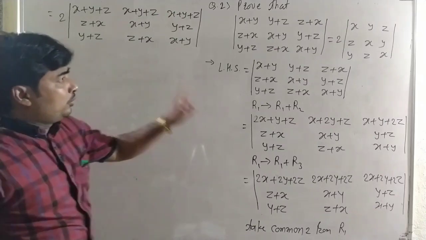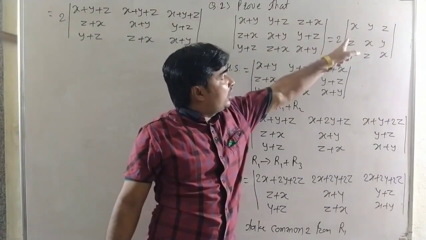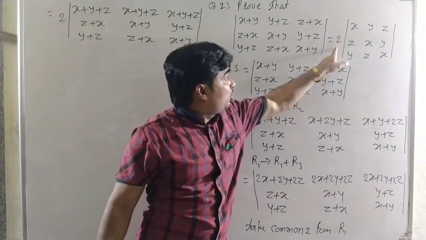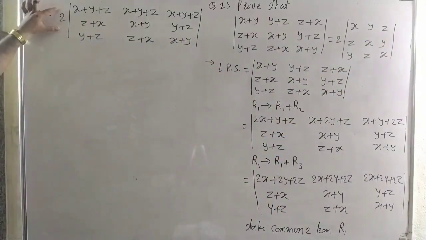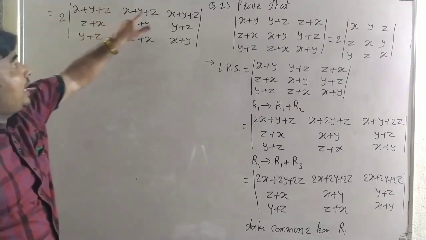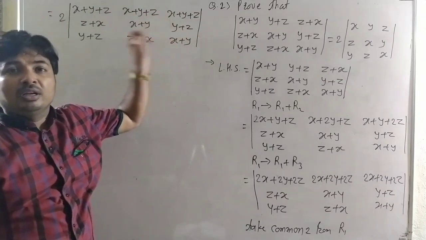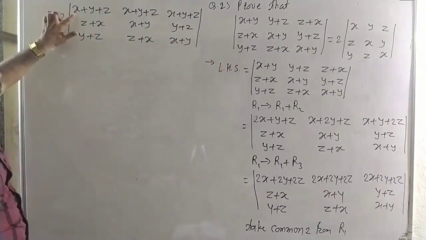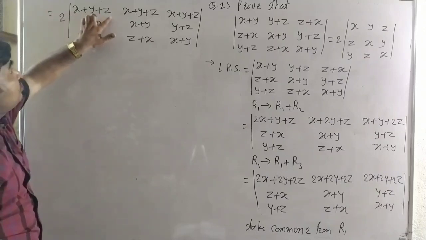Here, we have to prove this 2 into x, y, z, z, x, y, and y, z, x. The first term for our RHS will become 2. Now, we get here x, y, and z. See carefully, we get in row 1 only x, y, and z. Here we have x, so y and z will be cancelled.